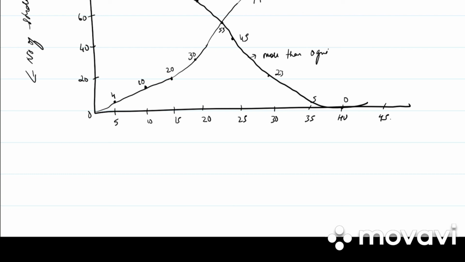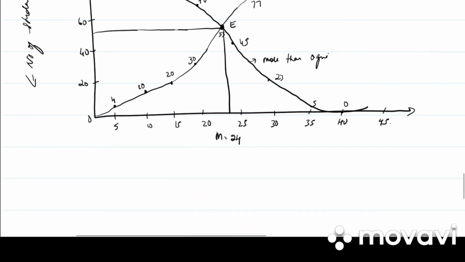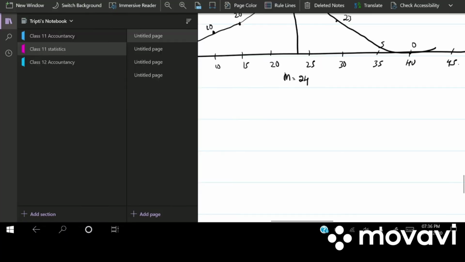So now towards the y-axis draw a perpendicular line towards 50 and then draw the straight line towards the x-axis. Again the median is 24. The midpoint will be marked as E. We draw the straight line towards the x-axis and y-axis and we get the median as 24. Clear? So it is very easy to find out the median with the help of graphs as well.